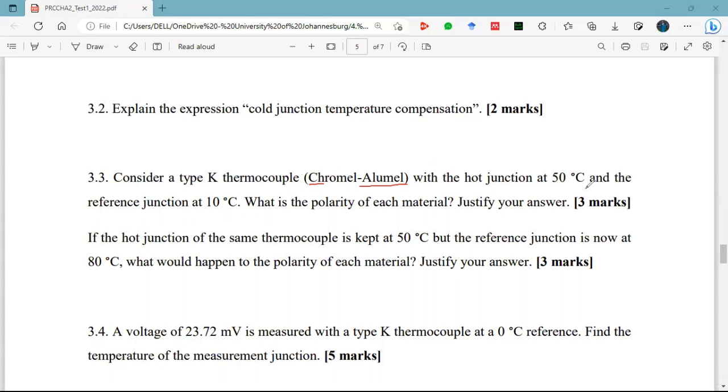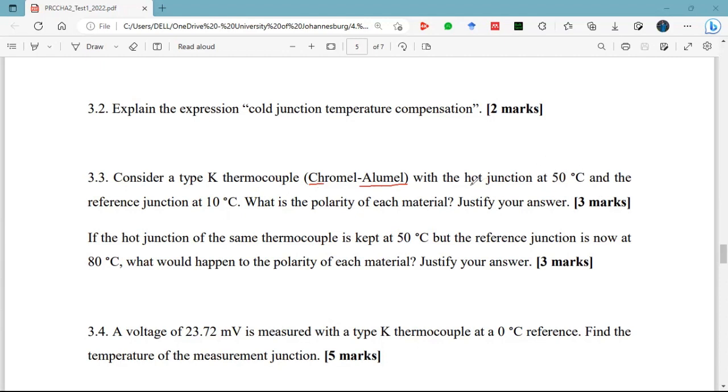So the hot junction is at 50 degrees Celsius and the reference temperature at 10 degrees Celsius. Look at these temperatures. This is a very standard, common situation when dealing with this kind of thing, because your reference junction is lower than your hot junction. It's very normal.